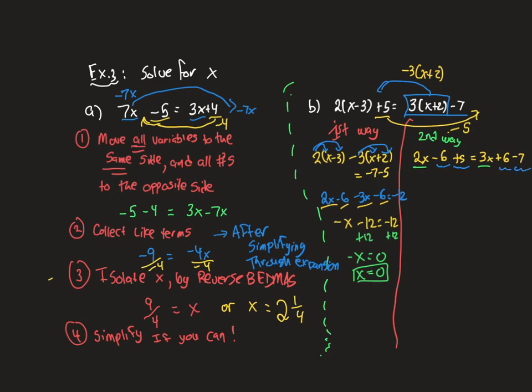Now you can do this all in one step, or you can do it piecewise. Either is fine. So I'm going to have 2x minus 1 is equal to 3x minus 1.